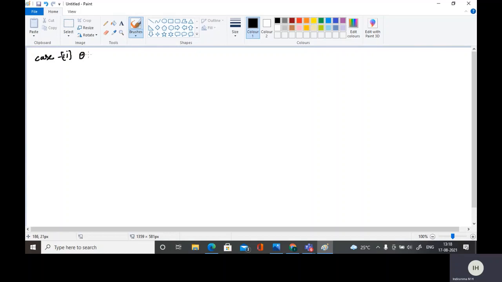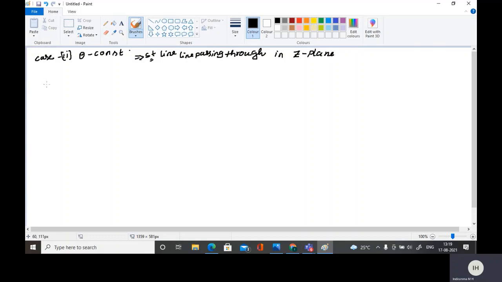Now in case 2, I am going to take theta constant. For which curve is theta constant? This represents a straight line passing through origin, in the z plane.